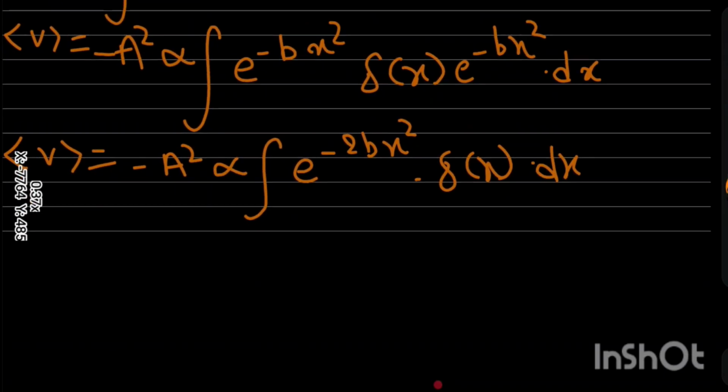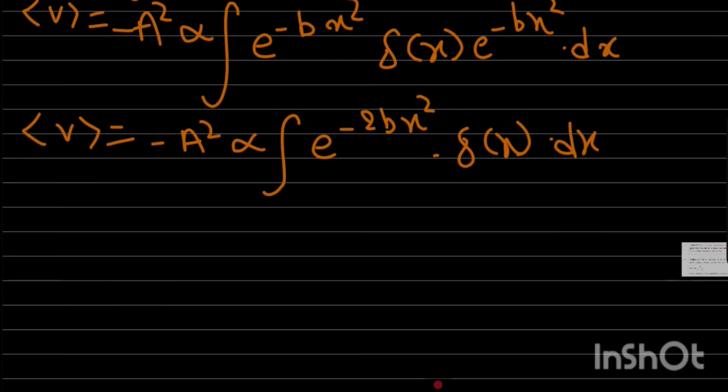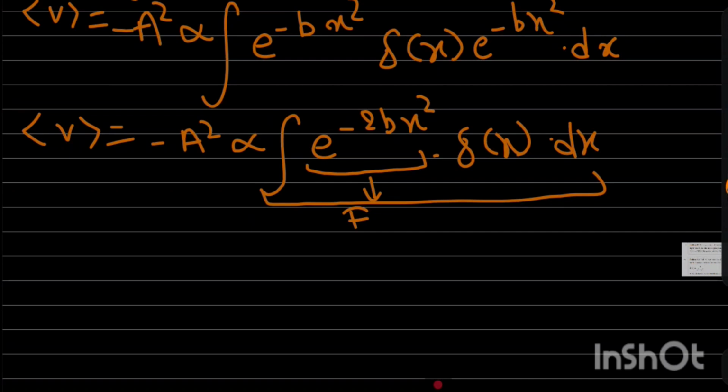Now one of the properties of the delta function, and I'm assuming that you know about the delta function, is that when you see an integral with a delta function and another ordinary function, we evaluate the function at x equals 0. Whenever there is a delta function in the integral, we choose the function at x equal to 0. That's why it's represented as f of 0.